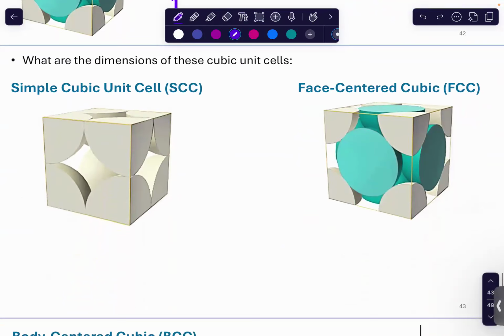Okay. So let's just start with the simple cubic cell. All right, so I'm going to do there to there to there.